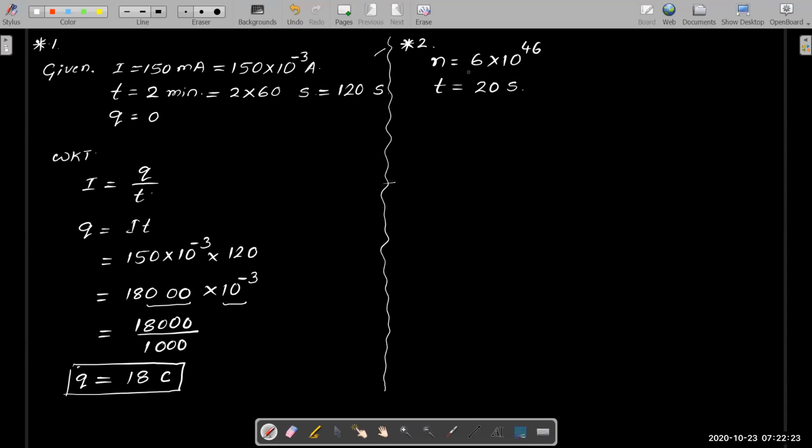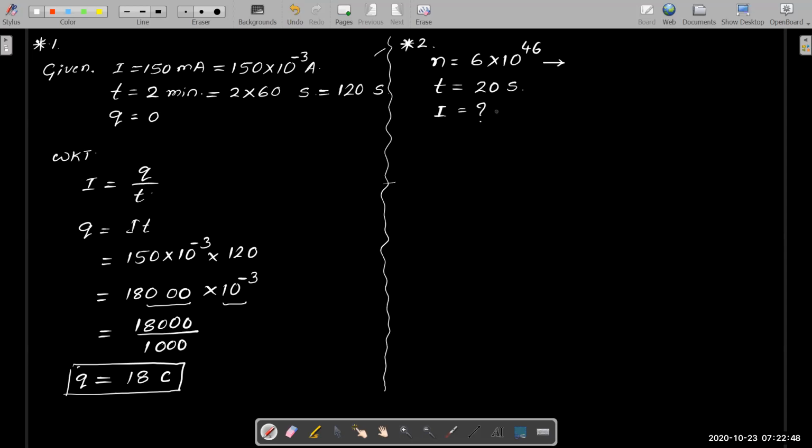Here they have given the number of electrons. First, the number of electrons is noted. It is n is equal to 6 into 10 raised to 46. Then for how much time the electrons are flowing through the conductor, it is for 20 seconds. Therefore, t is equal to 20 seconds. Now they ask you to find the value of the current. I is equal to how much?